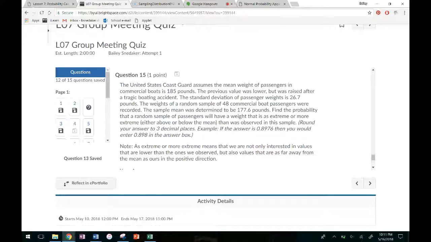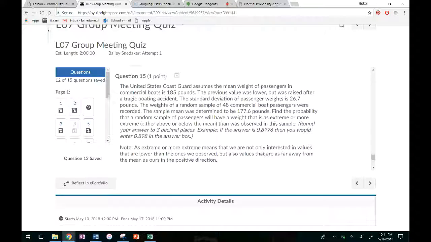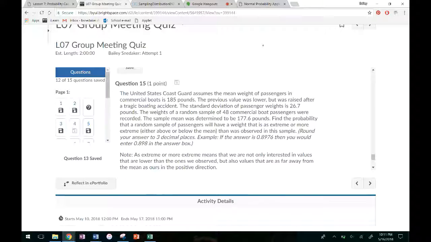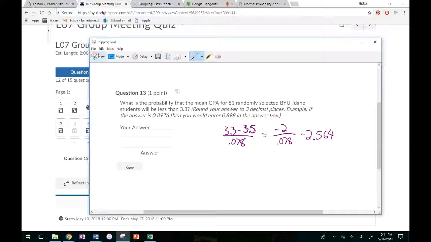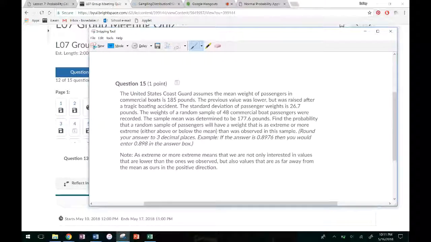So does that mean we just, I just think we do another z-score. But do we use the z-score of the 185? Is it 177.6 minus 185, or 185 minus 177.6?